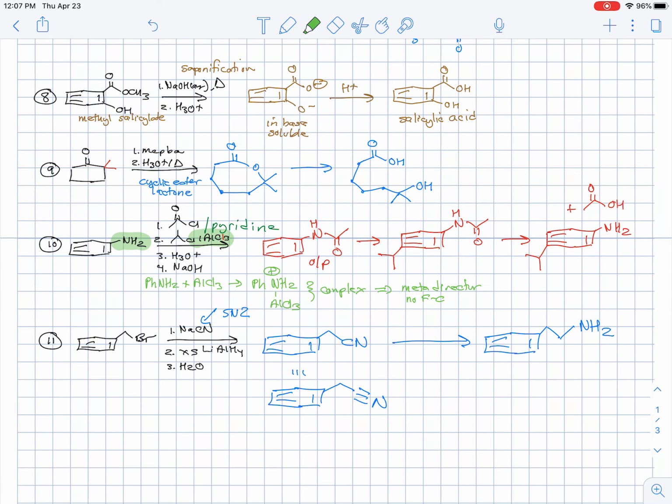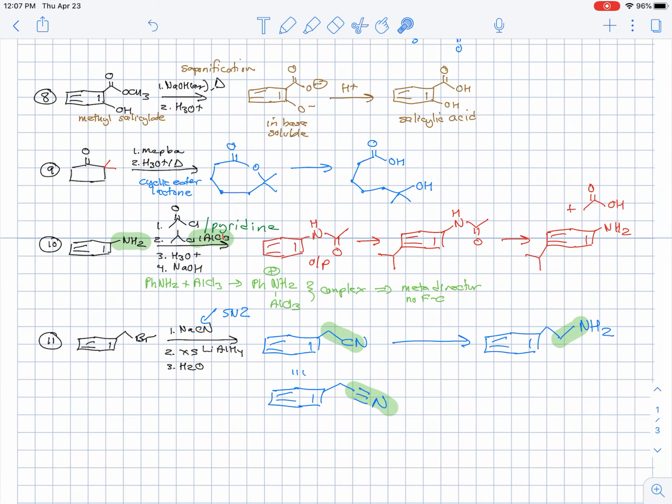So this bond is this bond is this bond, and we should have 2 carbons in addition to the nitrogen. So what the cyano group does overall is it adds 1 carbon, and I happen to do a reduction here.